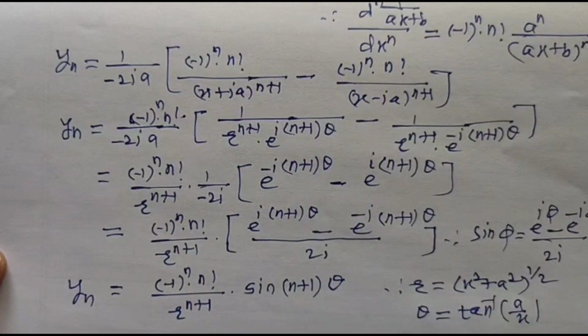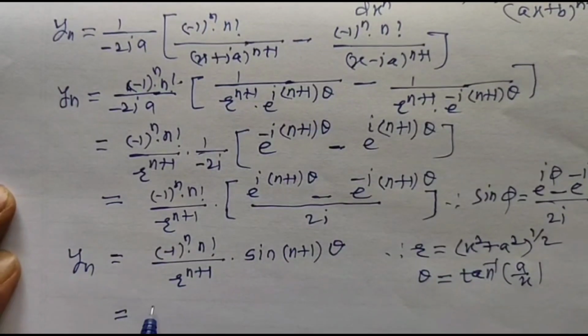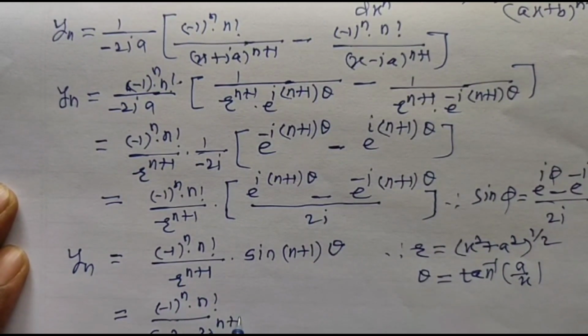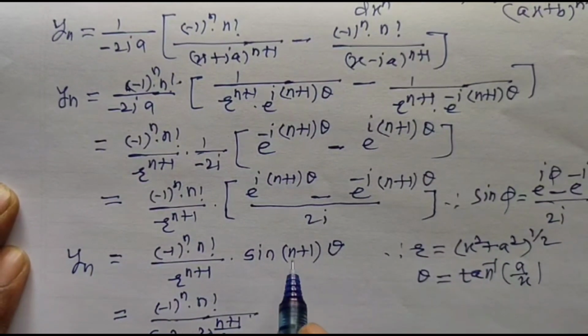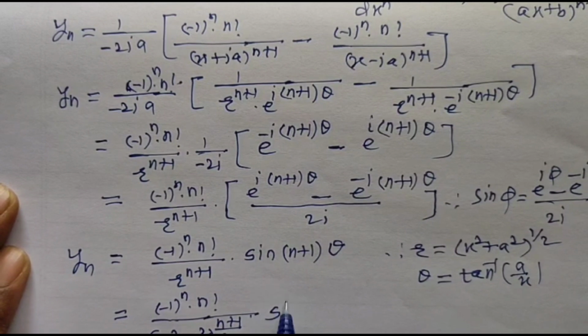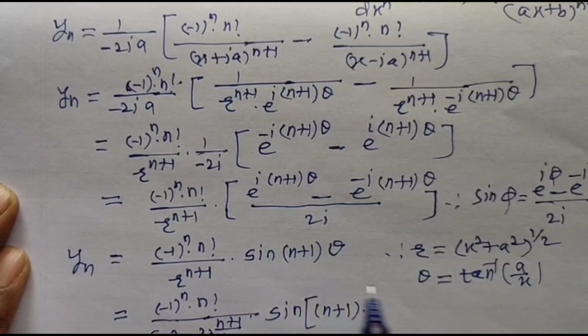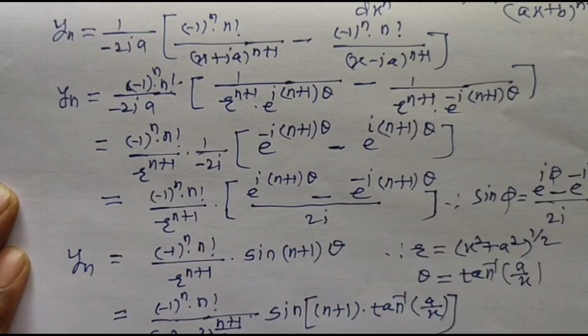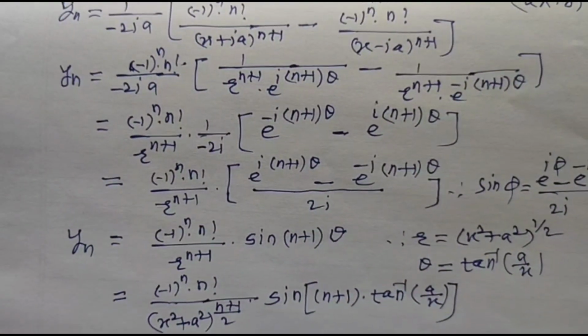Hence yn is equal to minus 1 to the power n factorial divided by x square plus a square to the power n plus 1 divided by 2 into sine of bracket n plus 1 theta, where we are replacing theta by this tan inverse of a upon x. Okay, this is the solution for the given sum.